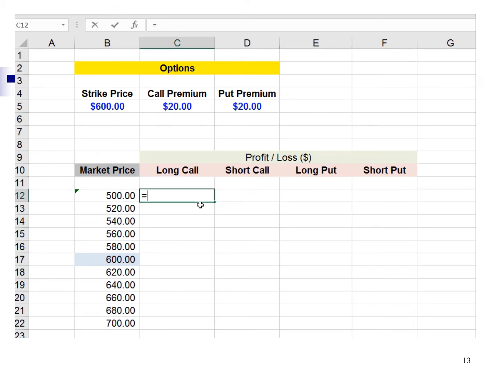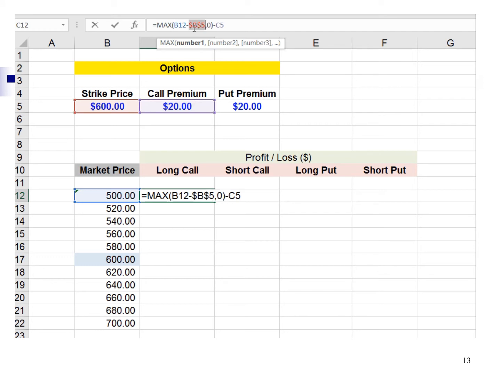I'm going to type equal MAX, open bracket, point the market price, minus strike price, comma, 0, close bracket, minus the call premium. Take note that I'm going to fix the reference cell for strike price. I shall type F4, and I'm going to fix the reference cell for call premium too. I'm going to type F4 here.